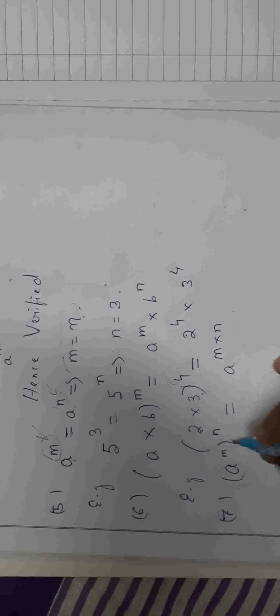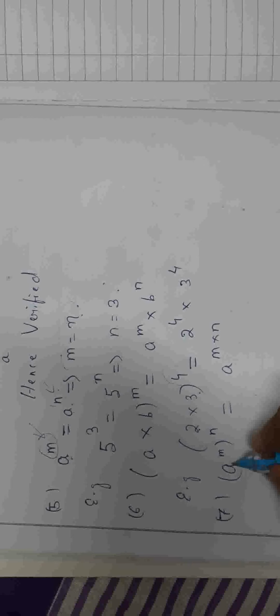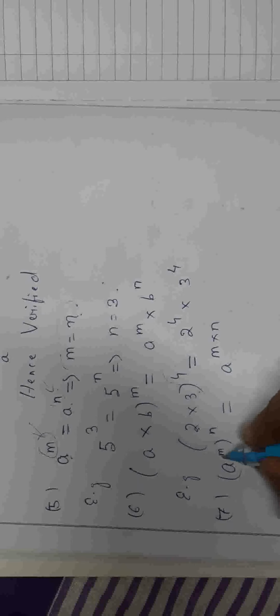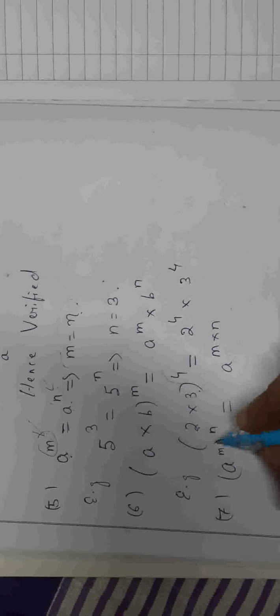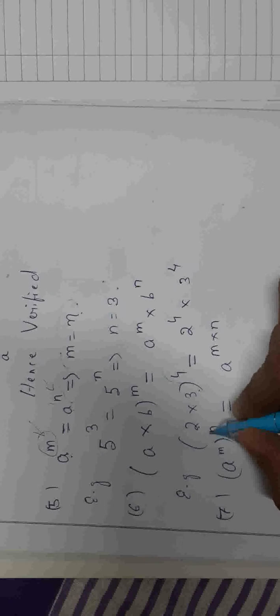Seventh law: a to the power m whole to the power n is equal to a to the power m into n. If you have any base with one exponent and that number is also governed by a second exponent, then we simply multiply both the exponents.